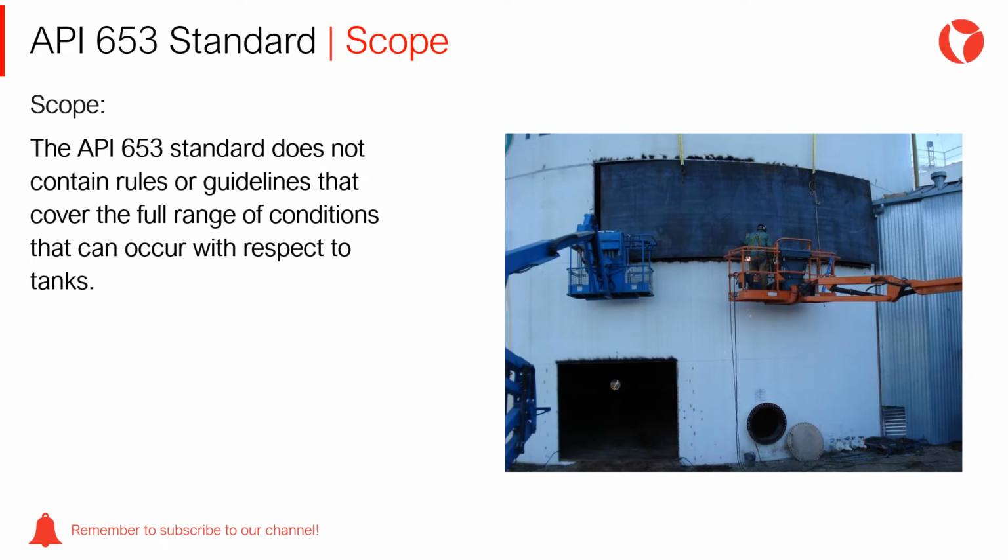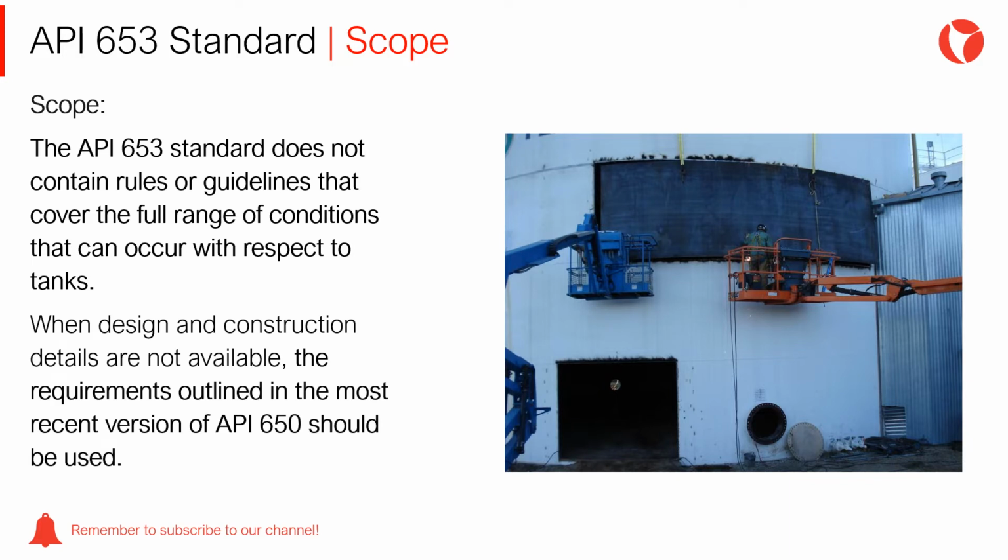At the same time, the standard does not contain rules or guidelines that cover the full range of conditions that can occur with respect to tanks. When design and construction details are not available, the requirements outlined in the most recent version of the API 650 should be used.